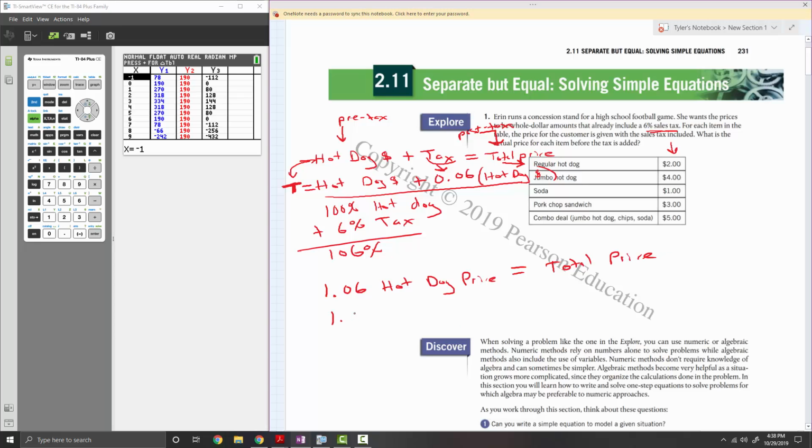So in other words, 1.06 times the hot dog price would equal $2, right, from the table, $2. So then, if I know a number times 1.06 equals 2, how could you solve that numerically, right? I could just take 2 divided by 1.06, right? That would give me the hot dog price.